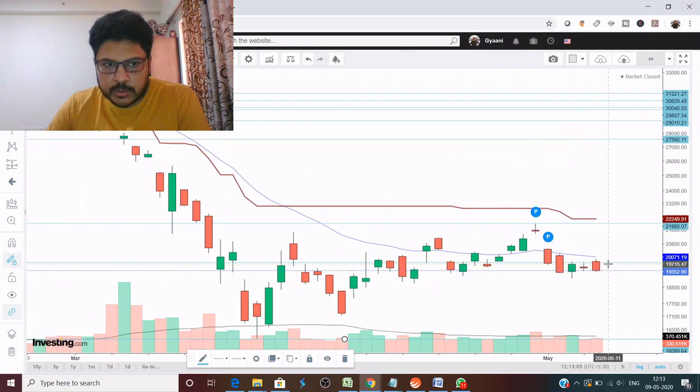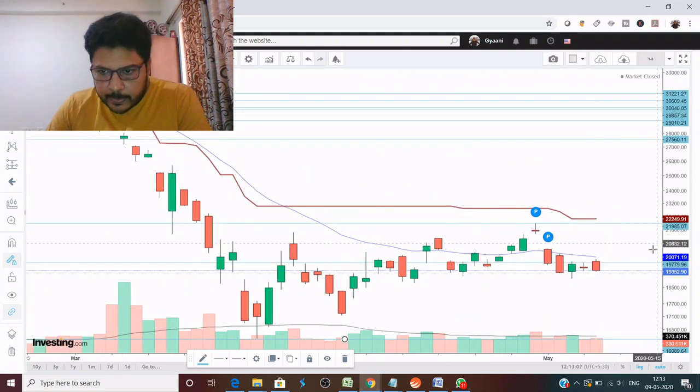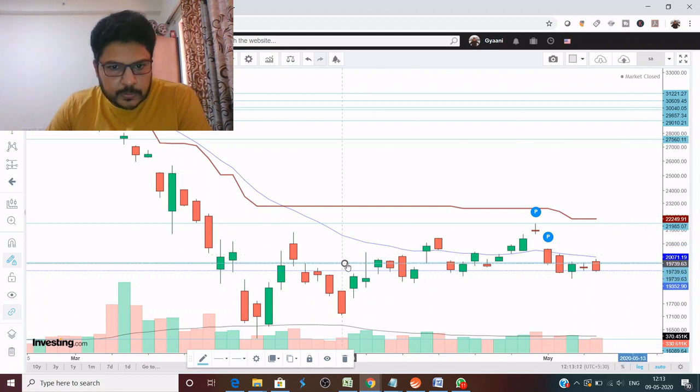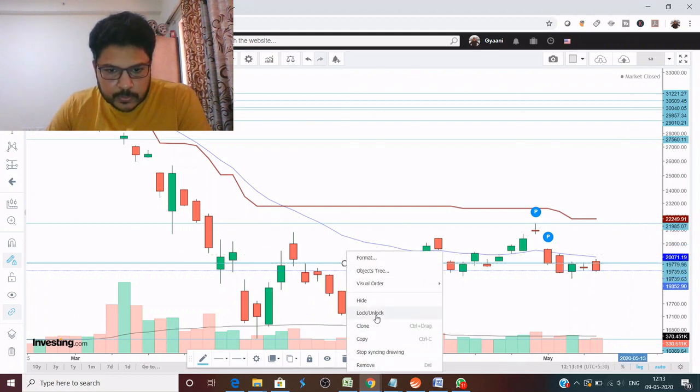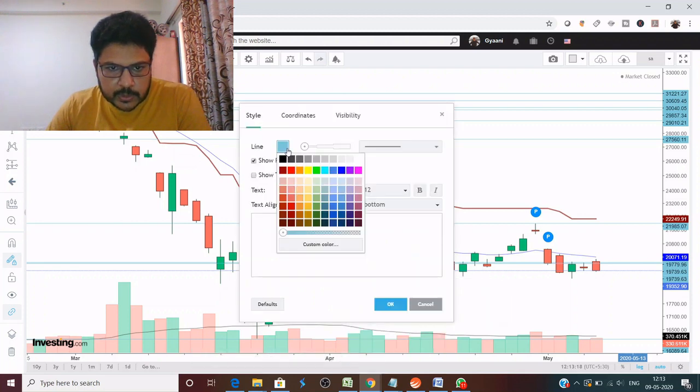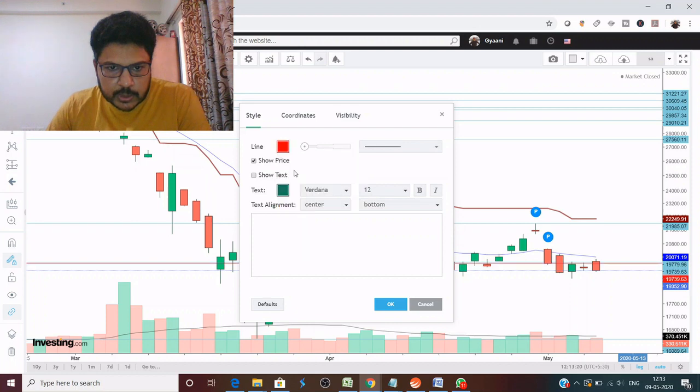Okay, so the market is in this particular range. Let me select this. Maybe I'll put the color red so that you can see this, and increase the thickness.